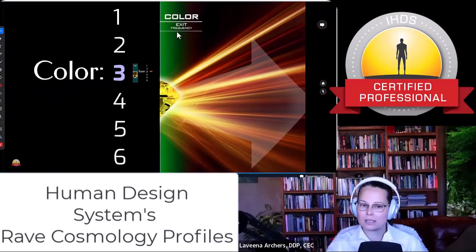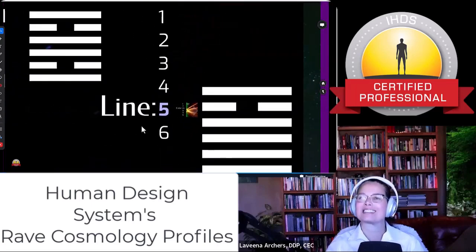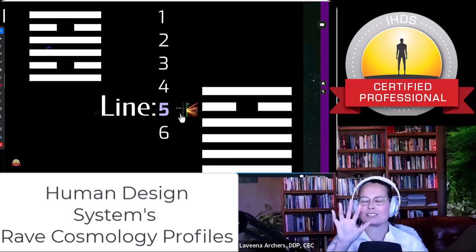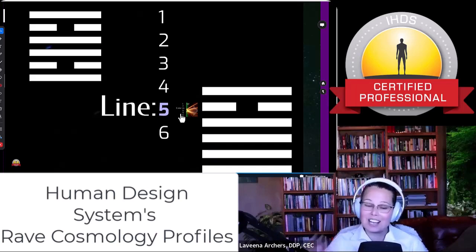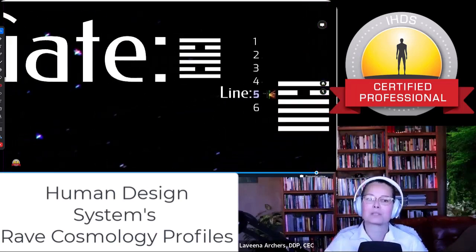Color is why it's unstable and transfers or is distracted. You could say the color exit frequency is right above the tone and it's under the line. So color colors the way that you read your lines in this life. Whatever your line happens to be is colored by the tone underneath. The tone affects the color, color affects the line. The line is how you express your gate.